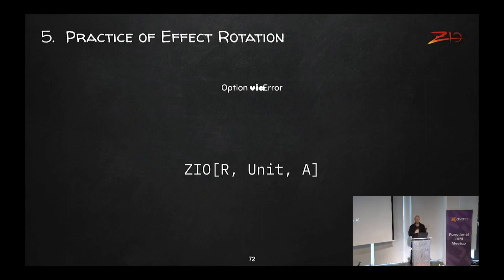You can map None to Left of Unit, you can map Left of Unit to None, and then you map Some of A to Right of A, and Right of A to Some of A. So you can go both ways without losing information, which means those 2 data types are isomorphic, which means you don't lose any information in the translation. It's invertible. So this is exactly optionality. So if you're not using errors and you just need optionality, then that's how you do it.